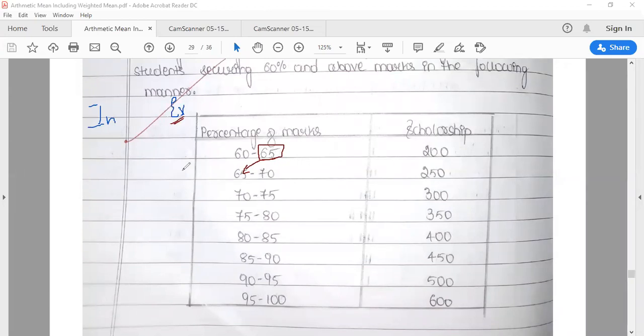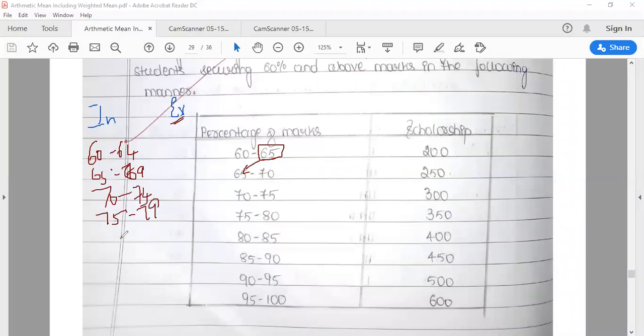Suppose the same class interval or problem was given as 60 to 64, 65 to 69, 70 to 74, 75 to 79.